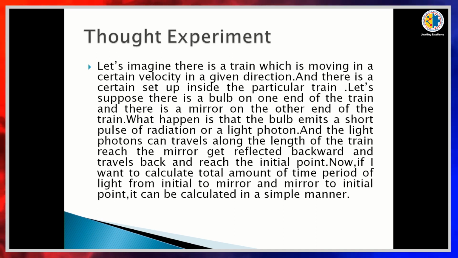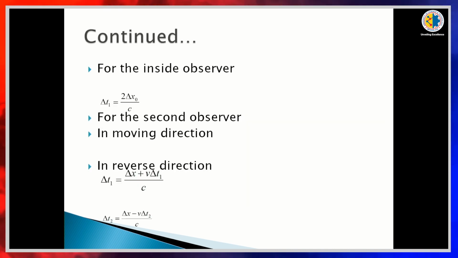For the inside observer we get delta T is equal to twice delta x naught divided by c, and for the second observer, in the moving direction, we get delta T1 is equal to delta x plus v delta T1 divided by c, and in the reverse direction delta T2 is equal to delta x minus v delta T2 divided by c.